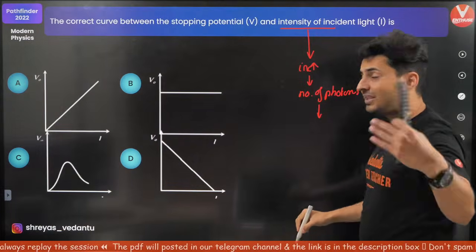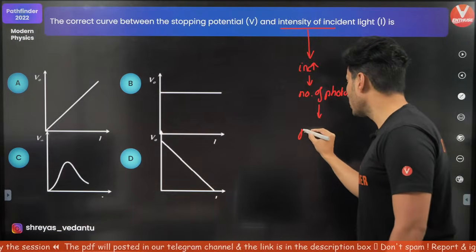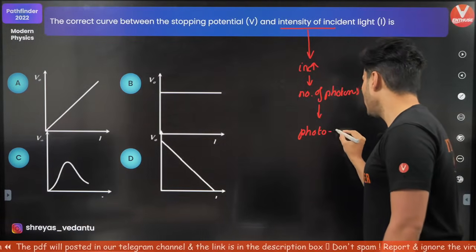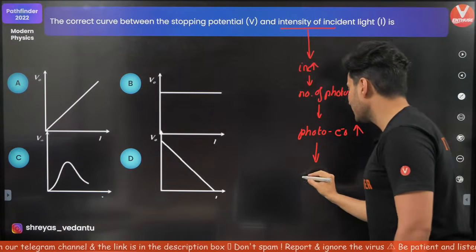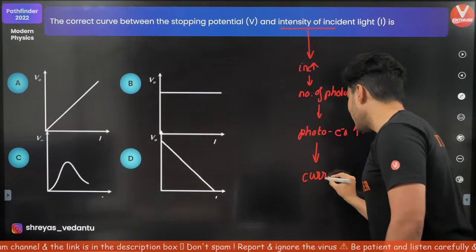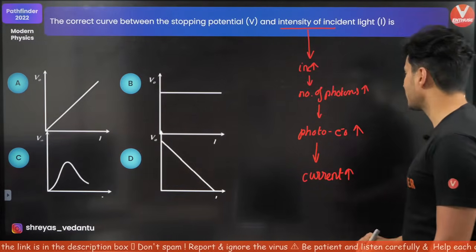If number of photons increases, photoelectrons will increase. If photoelectrons increase, the current which is there in the circuit will increase.